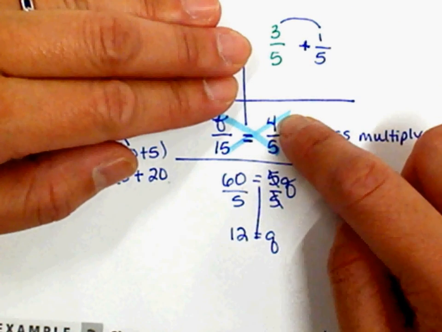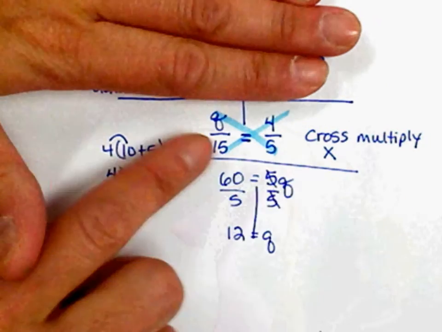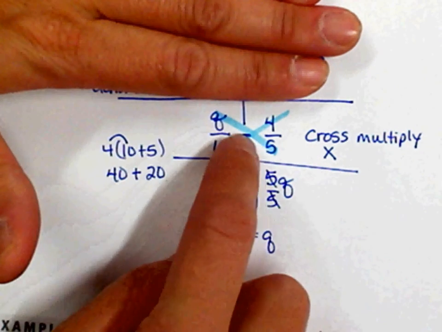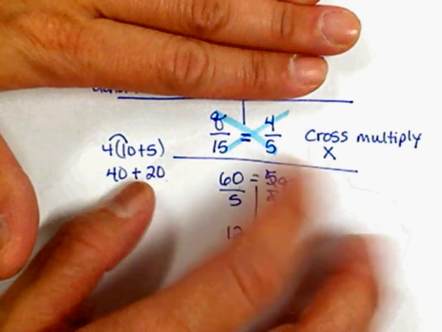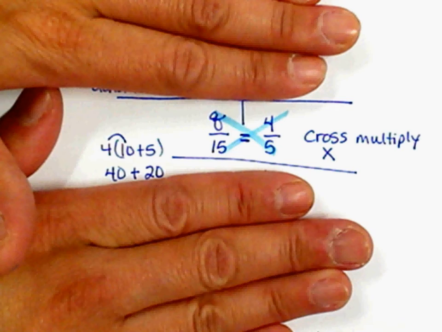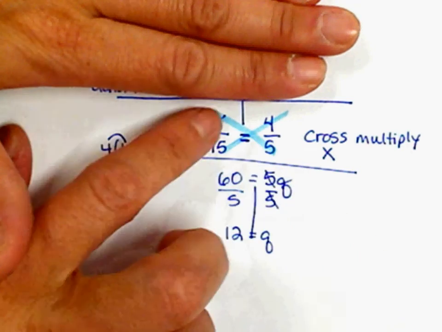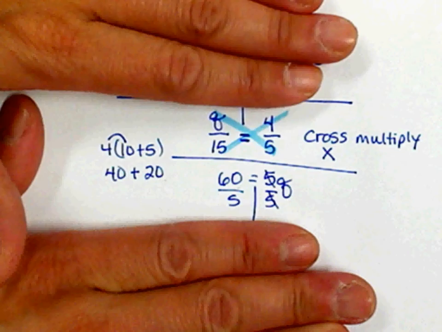Okay? Anytime you have a fraction equals another fraction, just one to one like that with an equal sign, you can do what's called cross multiply. Okay? So you go Q times 5 is 5Q, right there. 15 times 4 is 60. See that right there?